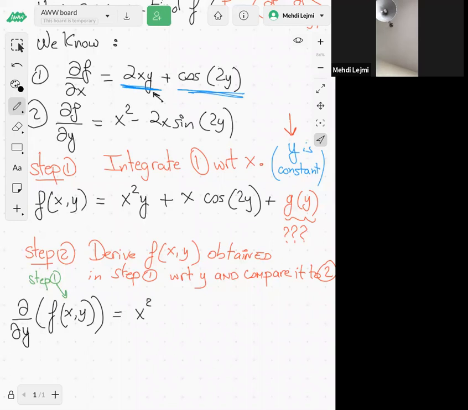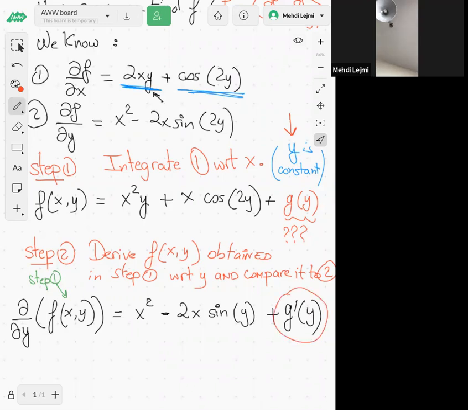And then the derivative of x cosine of 2y with respect to y: x is a constant, and for cosine of 2y we need to use the chain rule. So that's minus 2x, because the derivative of cosine is minus sine, so I have minus sine of 2y. Plus the derivative of this function g of y. We don't know what the function g of y is, so the derivative of g of y with respect to y is just g prime of y.